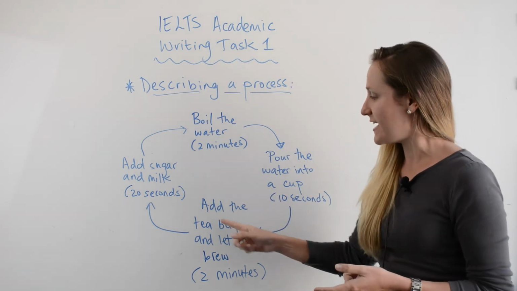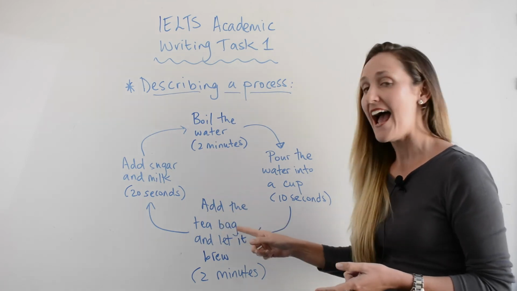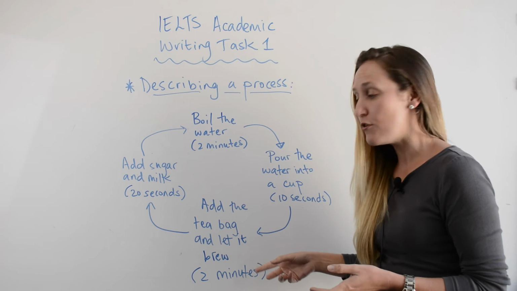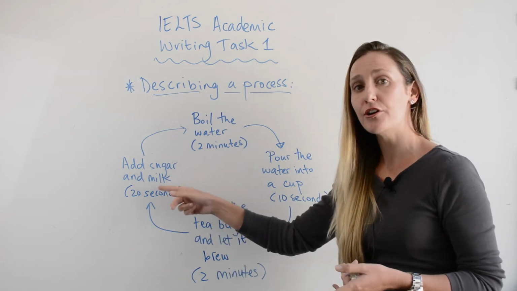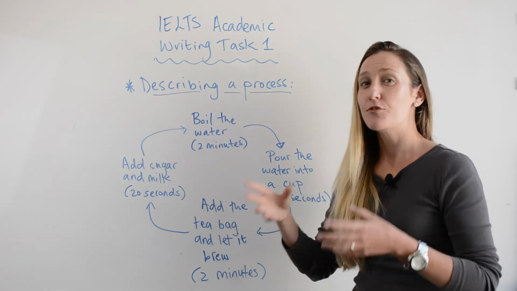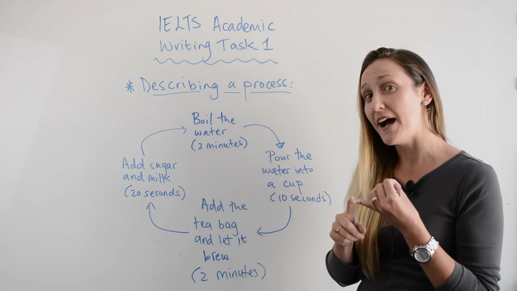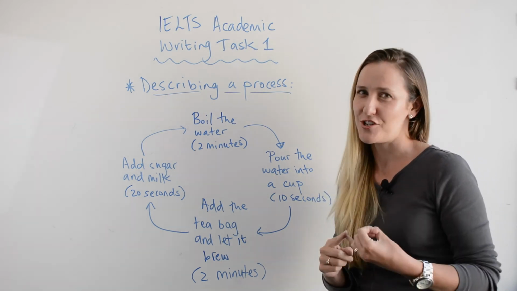In the third stage, the tea bag is added to the cup and it is brewed for 2 minutes. In the fourth stage, sugar and milk are added to the cup. So it's very important that you're using the passive voice and you're not worrying about who's doing the action.